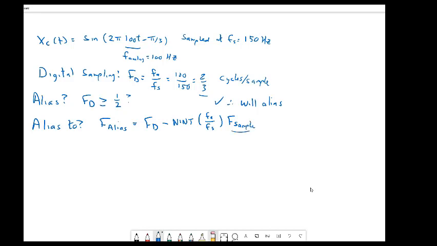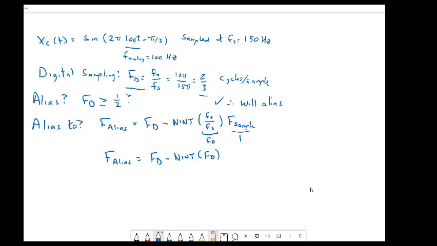However, in this case, the discrete time equivalent of the sampling frequency is 1, and this ratio is nothing more than the digital frequency itself. So our alias frequency in discrete time frequency is just the computed digital frequency, that would be what we computed here without regard to whether there was aliasing or not, minus the nearest integer to that digital frequency.